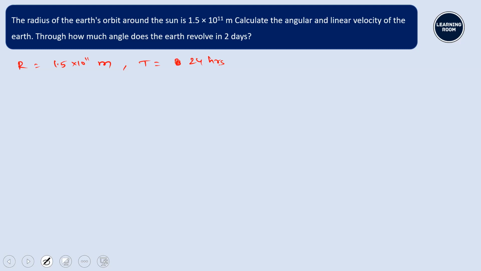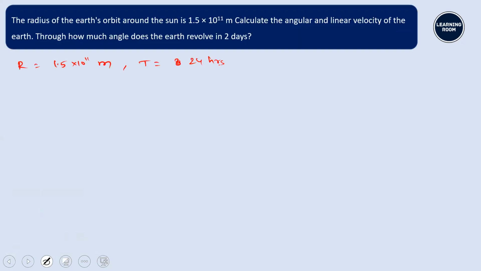But since they mentioned around the Sun, it takes 365 days to complete one revolution. The 24 hours is for the revolution of the Earth about its own axis. Here, the Sun is also important, right?